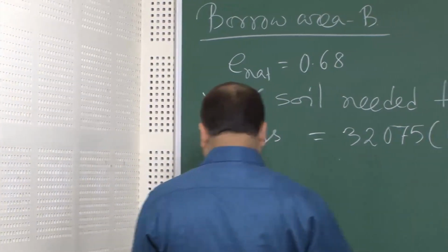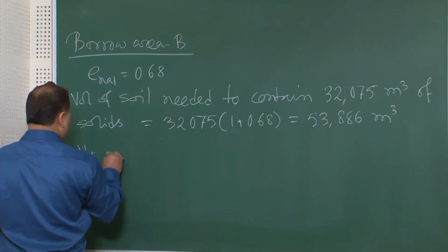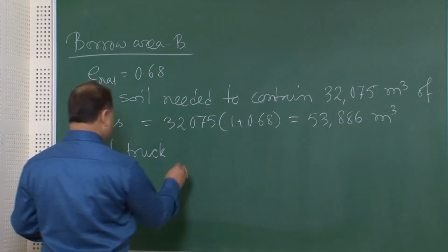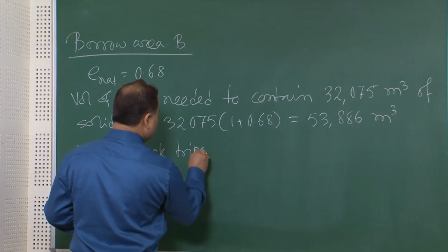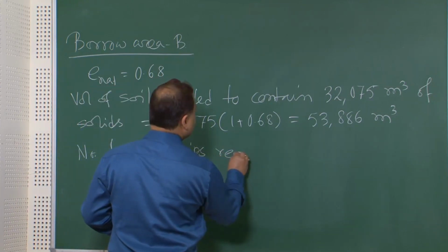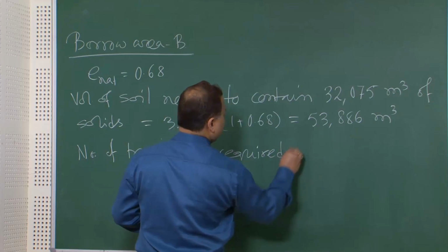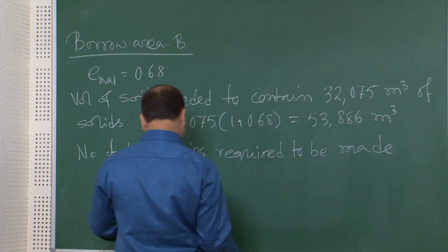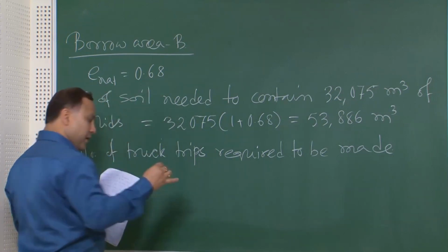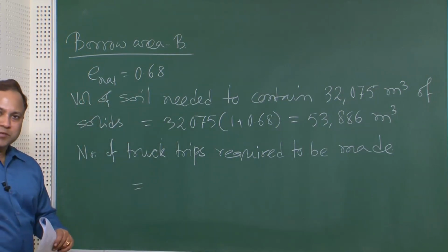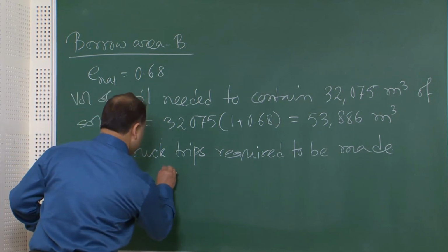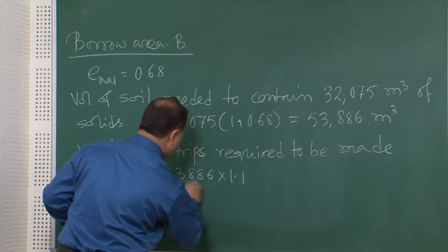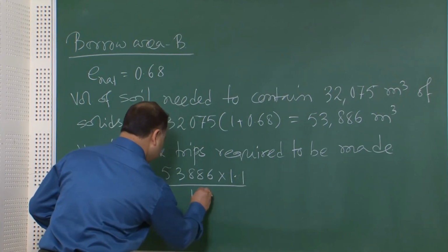Okay, so the number of truck trips required to be made, considering the allowance of 10% increase, is 53,886 into 1.1 divided by 10.